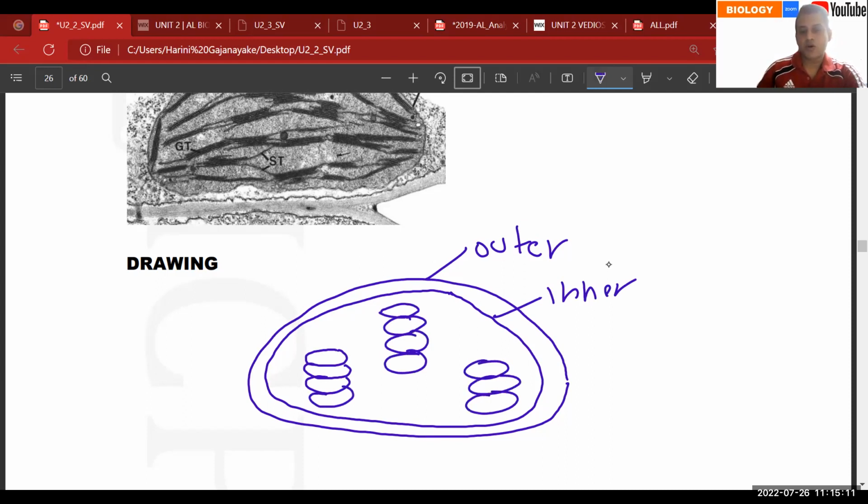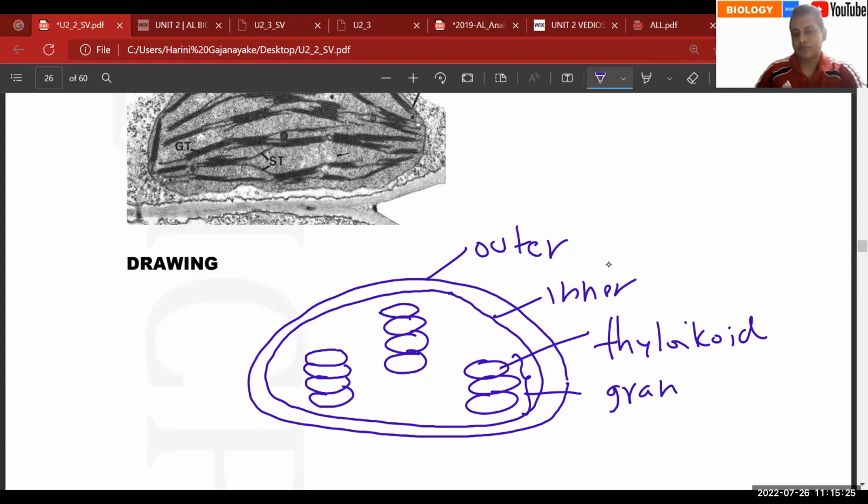And one disc is called thylakoid. And a collection of thylakoids is called granum. The plural is grana.